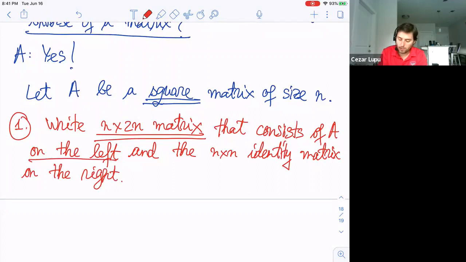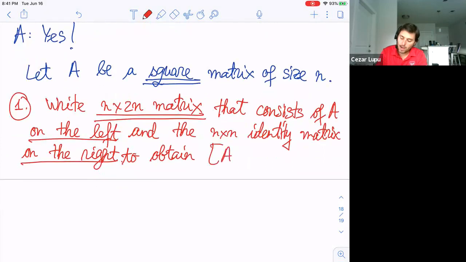So this is very important, on the left and on the right. Anyway, to obtain, you'll see how it will look, we'll write it in this way: A | I.